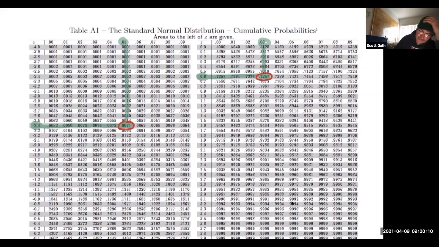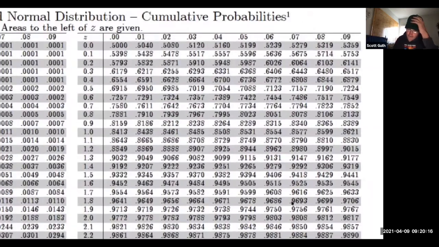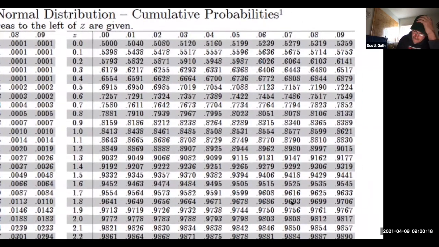So let me just see if I can find something like that. Again, she's above average, so her z-score is going to be positive. And we're looking for something close to 85% inside the body of the table. Now here's an 8508. That's pretty close to 85%. The next closest is the 8485.